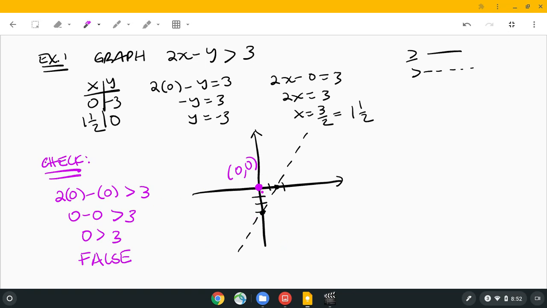So since this point, which comes from this side, produced a false result, then we have to shade on this side. Okay. It's kind of like this point is a representative for this entire side. If this point fails, the whole side fails. Okay. Which means this side must be right.